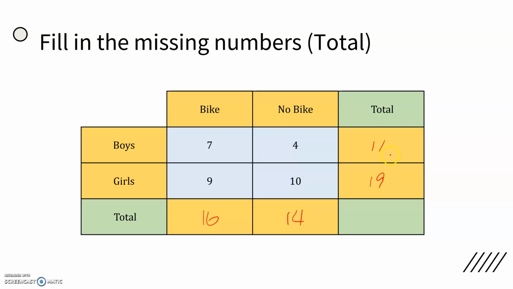Now, interestingly, if we add them up, it doesn't matter which way we go. If we add 11 and 19, we get 30. Similarly, if we add 16 and 14, we get 30. That's not a coincidence because after all, the total people we surveyed should be the same. So, if we check the meaning, this block actually means the total boys, and this is the total girls.